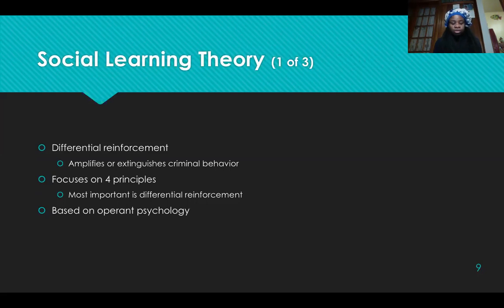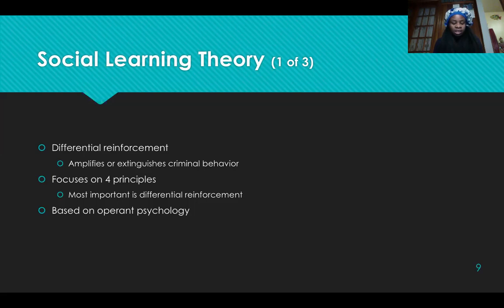Akers' social learning theory, SLT, goes beyond looking solely at learned definitions favorable to getting involved in delinquency to looking at mechanisms that lead individuals to either continue or desist from it.